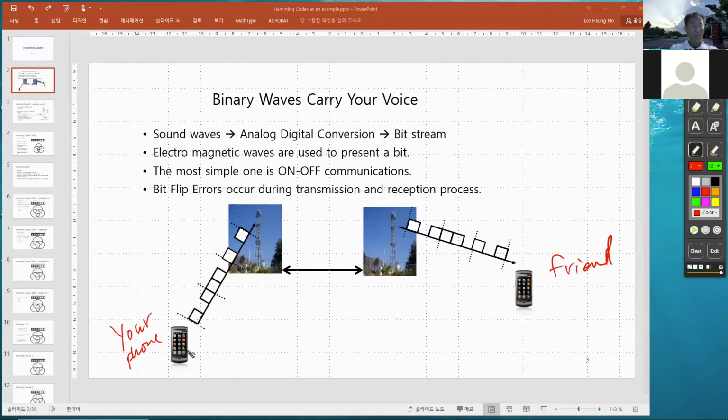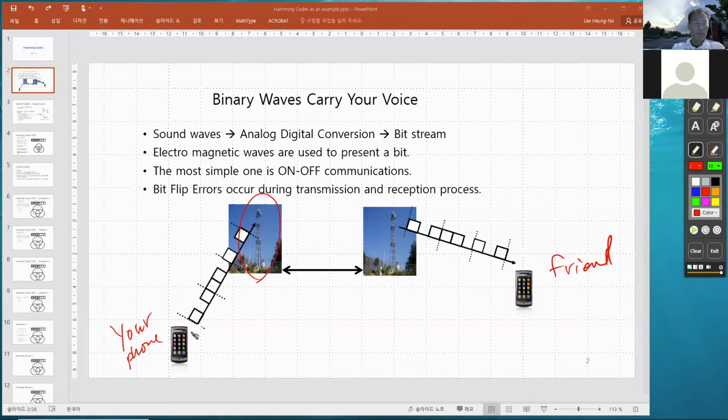That sound wave is going to be converted into a bit stream using an analog to digital converter. That bit stream is sent to the cell tower within your cell.